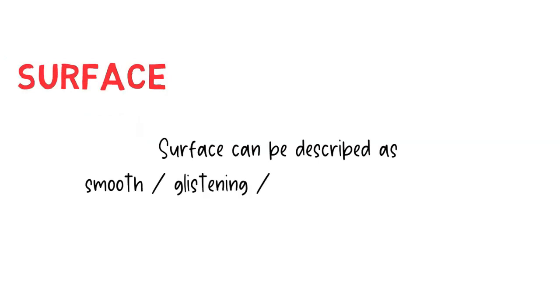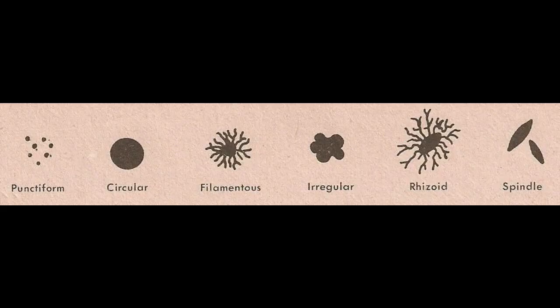Surface characteristics include smooth, glistening, rough, wrinkled, dull, and others, such as concentric, radiate, contoured, and mucoid. Shape of colony are usually described as punctiform, circular, filamentous, irregular, rhizoid, and spindle.